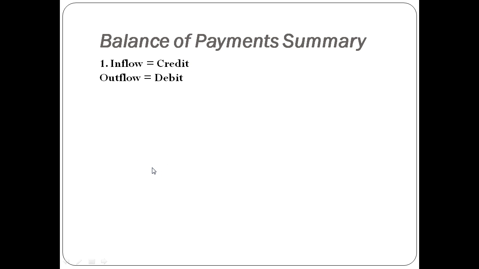Alright, so some key things to know and remember as we talk about the balance of payments. Number one, if you have an inflow, it's called a credit. If you have an outflow, it's called a debit. What we're going to be doing is looking at scenarios and classifying them as debits and credits to various accounts.